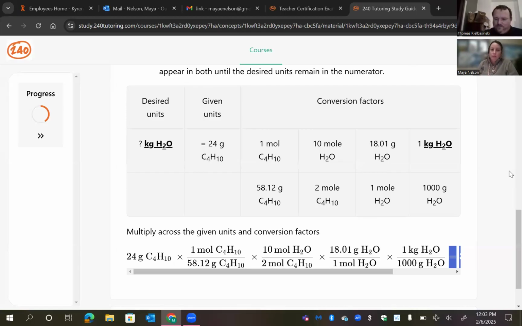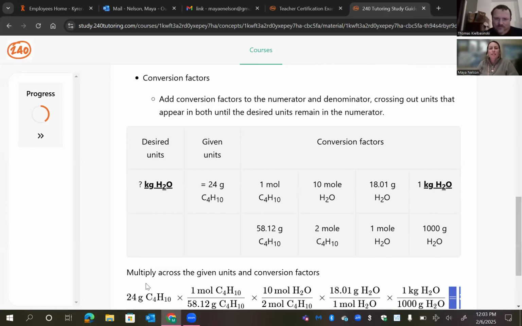And I got 58, 80, 1,100. Yeah, that would not come up with that answer. That's the problem. It says multiply across the given units and conversion facts.